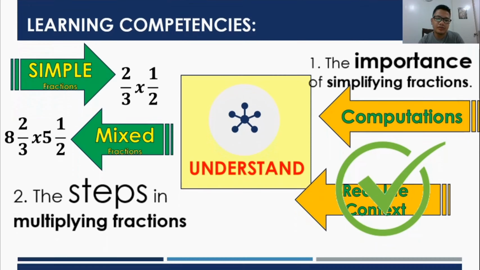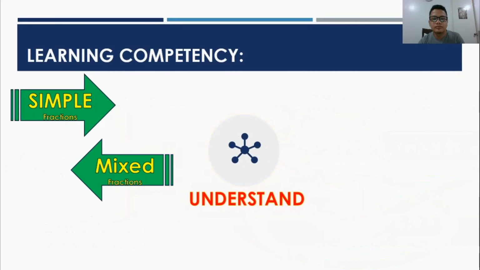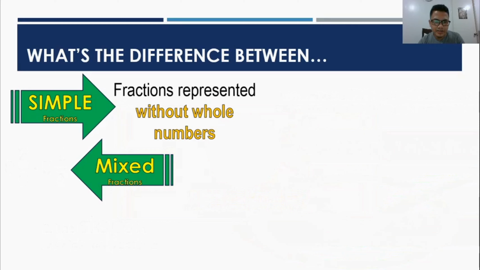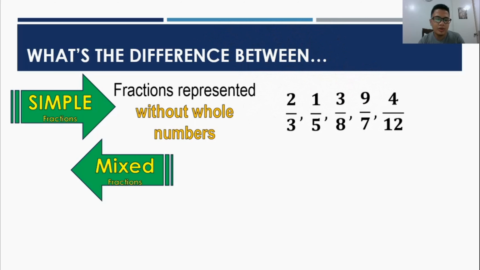So now, simple fractions are represented without whole numbers. Examples are the following: 2/3, 1/5, 3/8, 9/7, 4/12. We will have a separate discussion on the types of fraction.